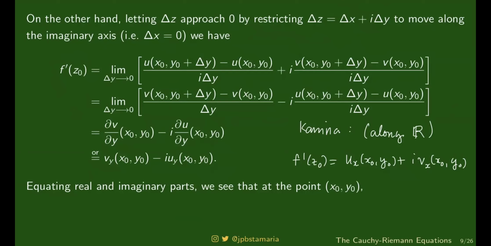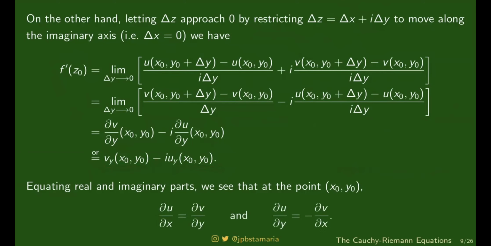Okay? So, i-compare natin ngayon yung mga real parts nila at saka yung mga imaginary parts. Comparing the real parts and the imaginary parts, dapat equal itong dalawa. At the same time, equal ito dito sa negative ng uy. So, this is what I get. At the point x naught, y naught, what do we have?